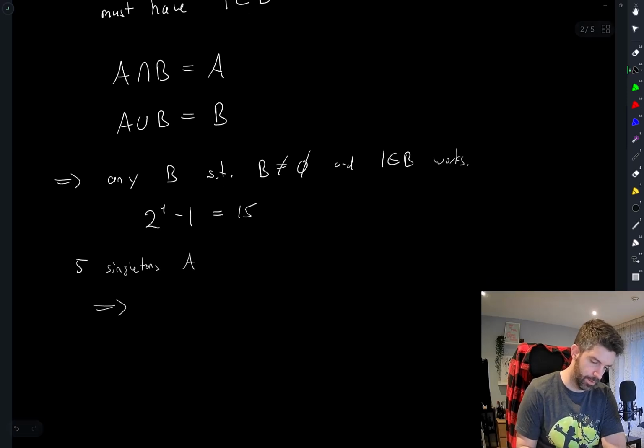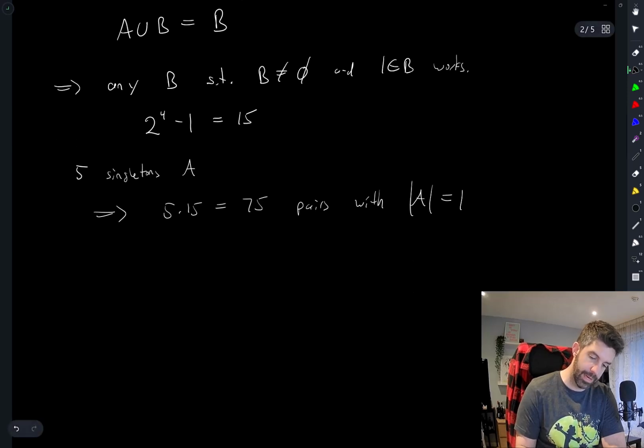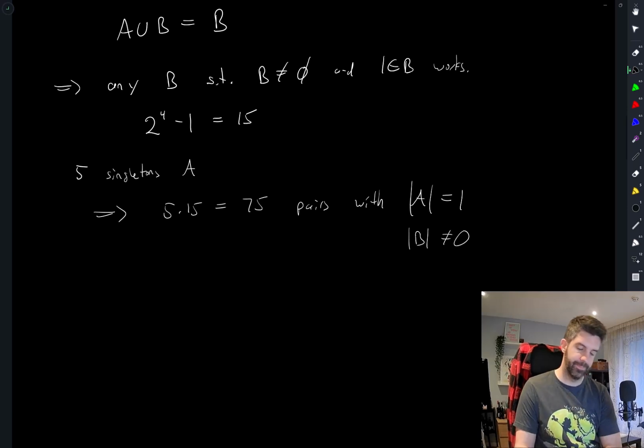So there are 5 times 15, which is equal to 75 pairs with cardinality A equals 1, cardinality B not equal to 0.